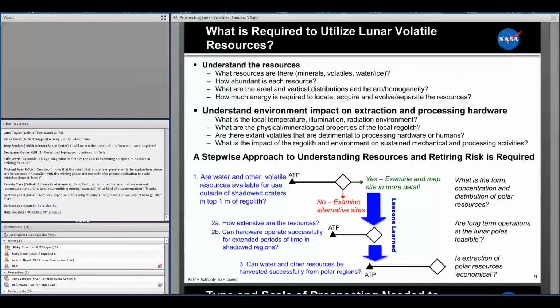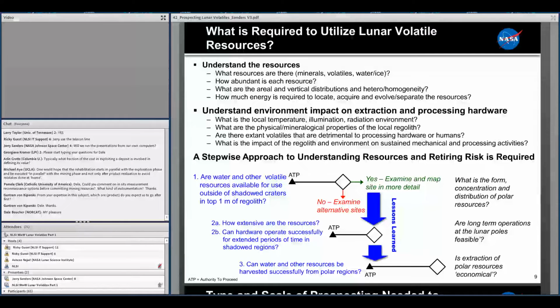So from a perspective of what do we need to know to utilize the lunar volatile resources, we have a pretty good assessment from the orbital data sets that we've obtained through LRO, Chandrayaan, LP, and other spacecraft. What we really need to do now is go down to first the exploratory assessment to understand the resources.